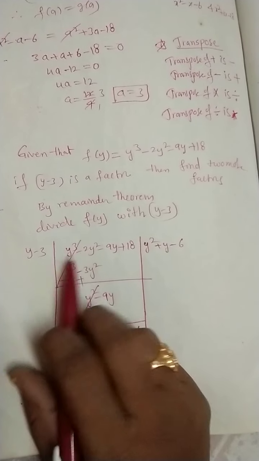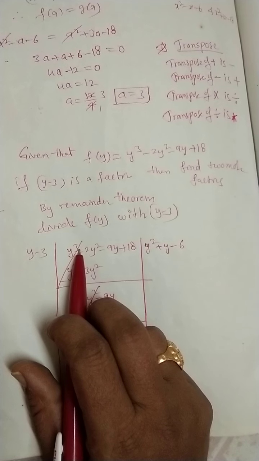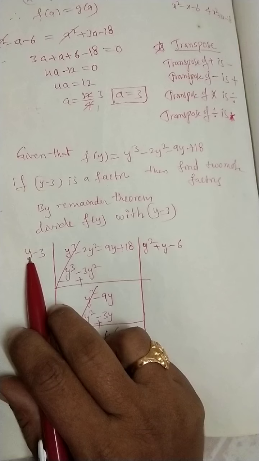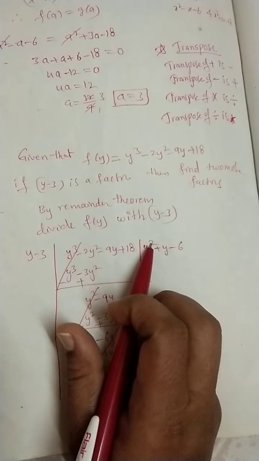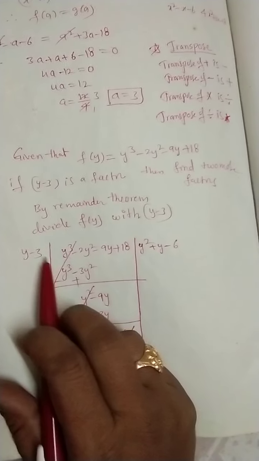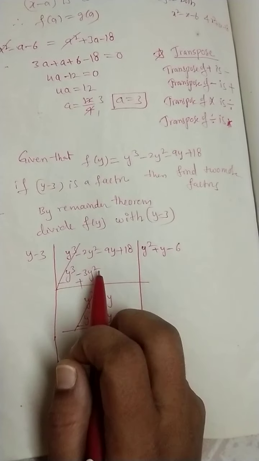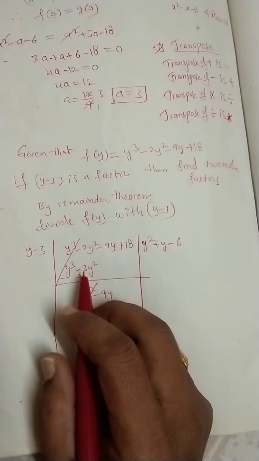Okay, see, I took it, and here we want y cube. How can you get it? If you multiply y by y square, then you get y cube, right? So I took y square here and multiplied, and minus into plus gives minus 3y square. Then we have to do the subtraction.